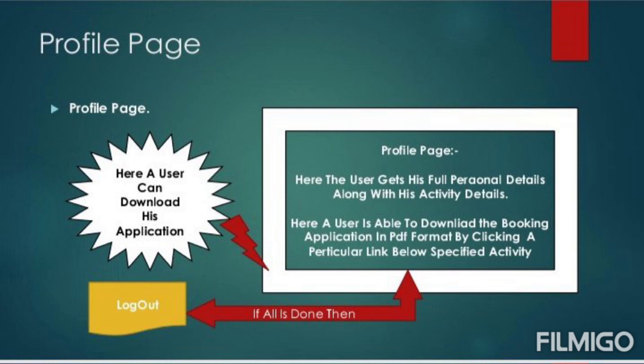Next, coming to the hospital personal interface page. It is the hospital's own interface where they will be able to upload their daily status according to their service availability. Next, coming to the logout page. When the work is done, a user is instructed to log out from the portal.